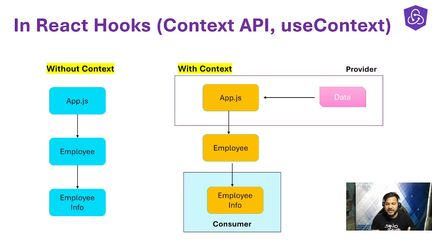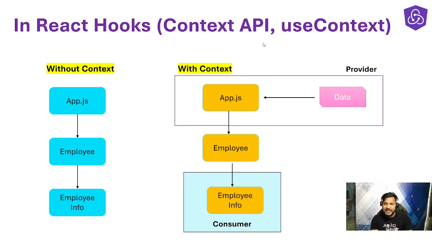So let's assume that employee info needs to pass some data to app.js, or maybe app.js needs to pass data directly to the employee info component, right, guys? If in app we need to send data to employee info, we can easily send data to that component, because that component plays the role of the consumer. It can get the data.